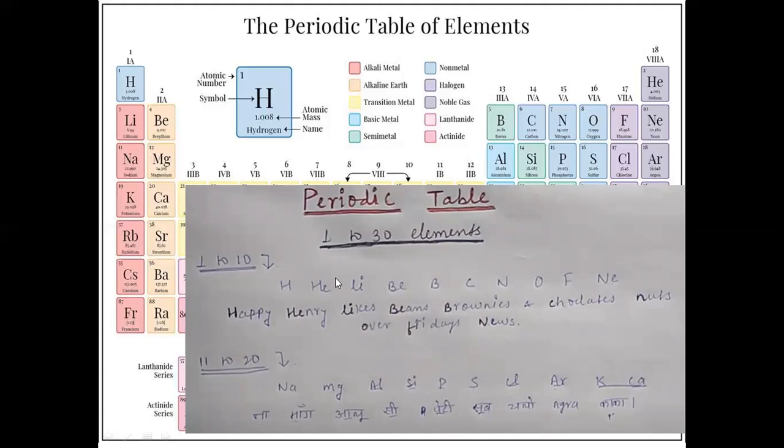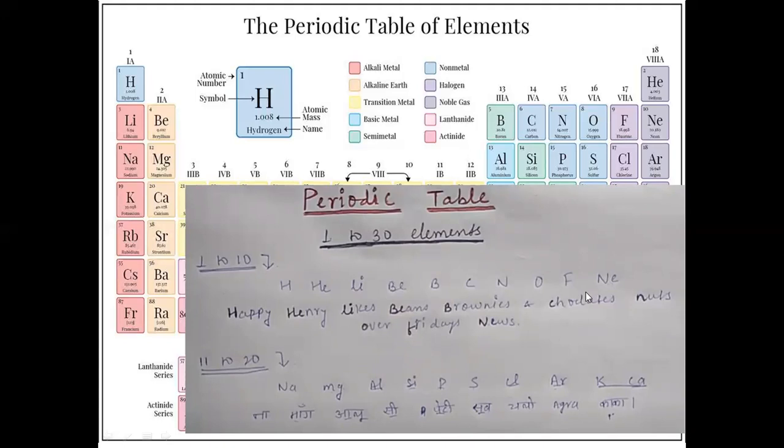Try to write, see. Happy Henry, H stands for happy. Henry likes, Li. Beans, brownies, and chocolates, C for chocolate, nuts over Friday news. Try to memorize this sentence, then you remember the order even.